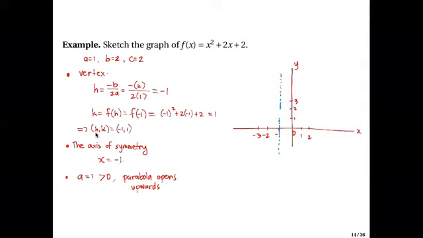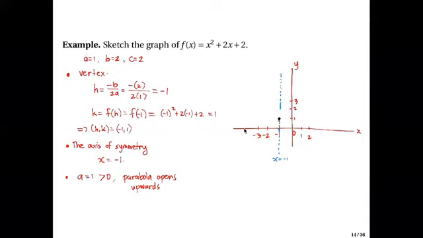The vertex is negative 1 comma 1. So it's somewhere here. This is your x equals negative 1. This is your y equals 1. So the vertex will be somewhere here.